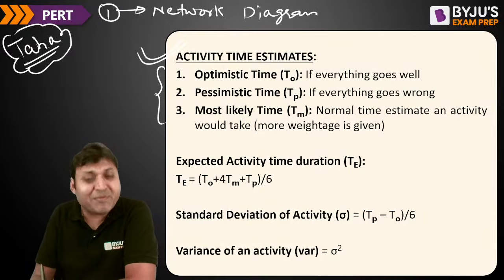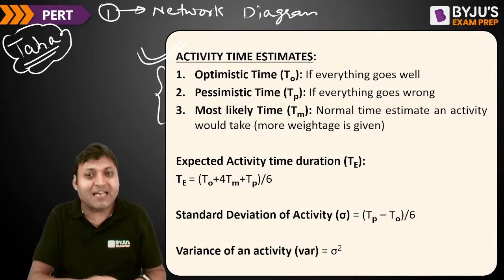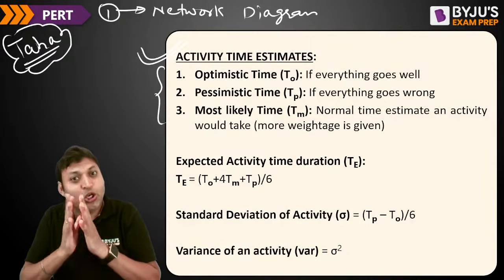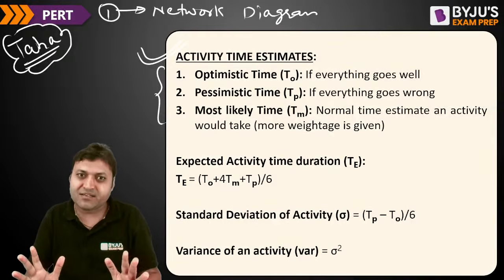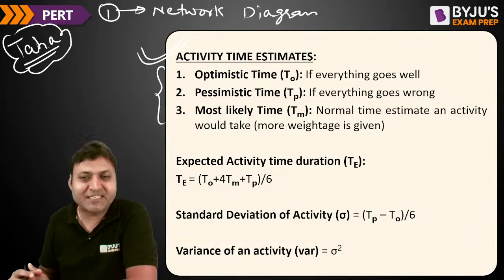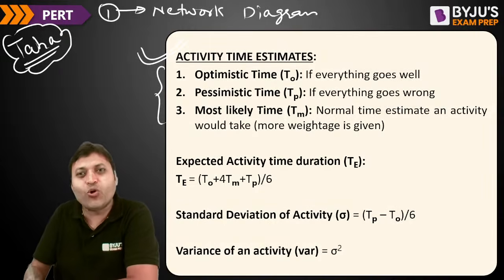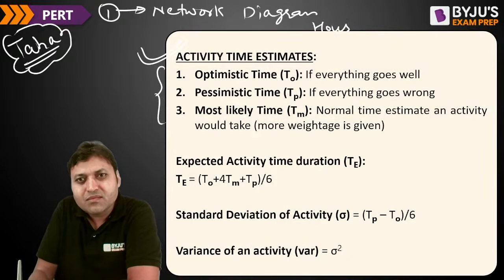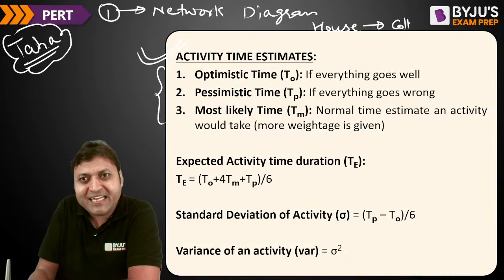What is optimistic time? When the activity is not facing any hurdle, the time estimate is optimistic time. For example, you are going from your house to your college. That is the activity.